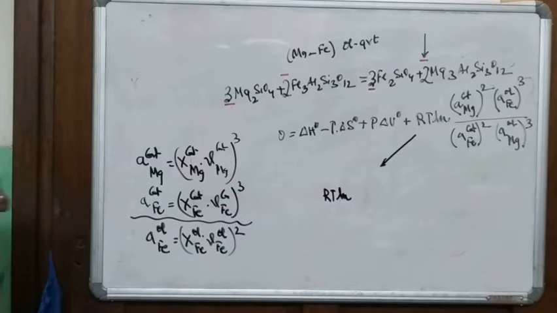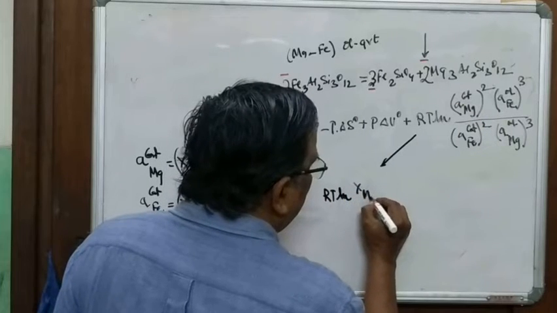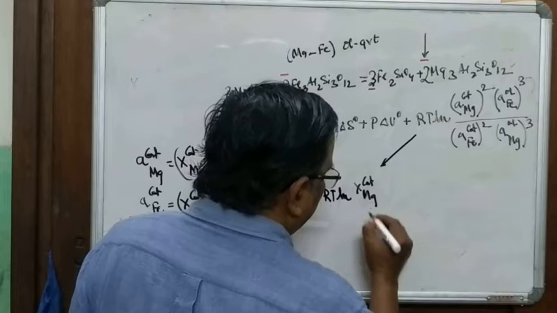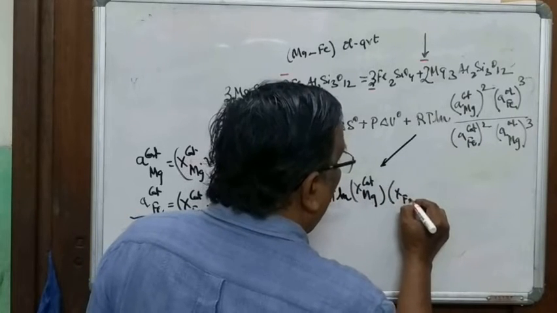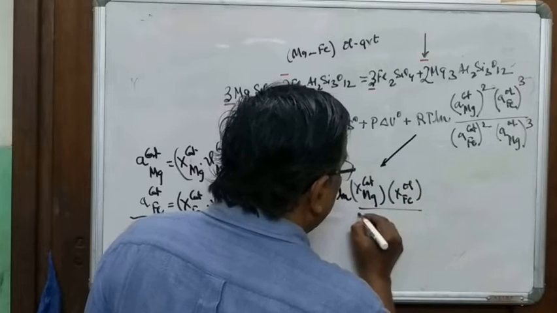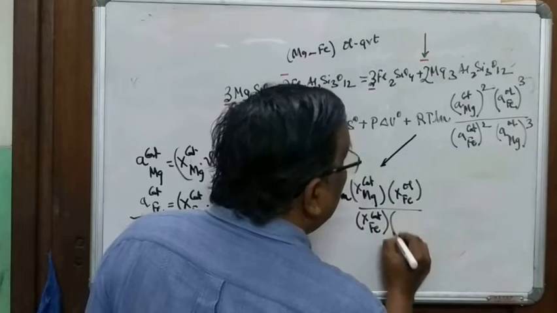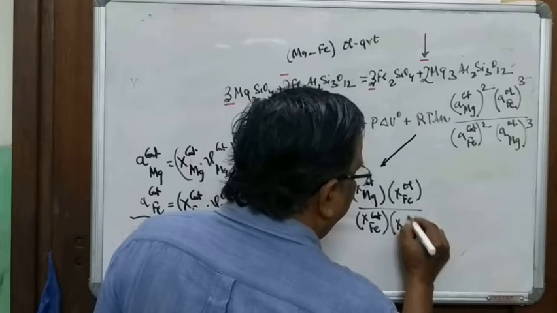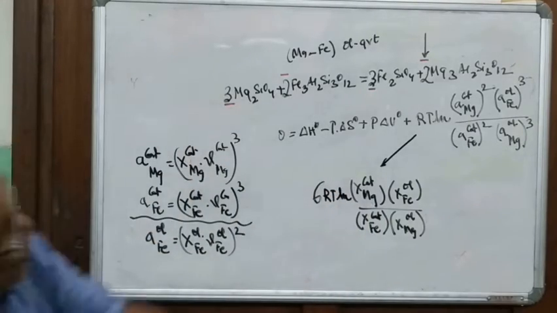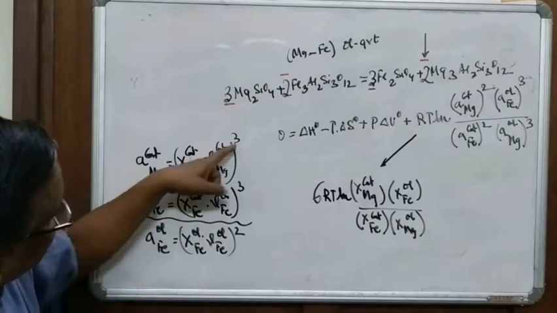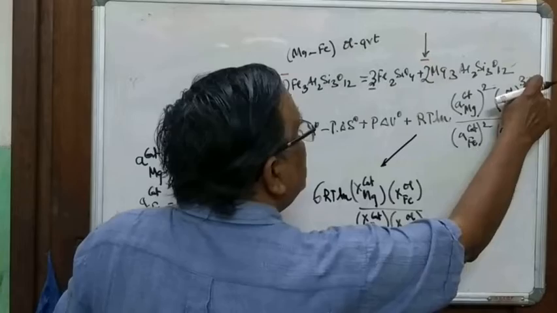So when you do this, what you get is RT ln of xMg garnet into xFe olivine divided by xFe garnet into xMg olivine, and this should be 6 here because it's 2 into 3. For this, it's 2 into 3. For this, it's 3 into 2.